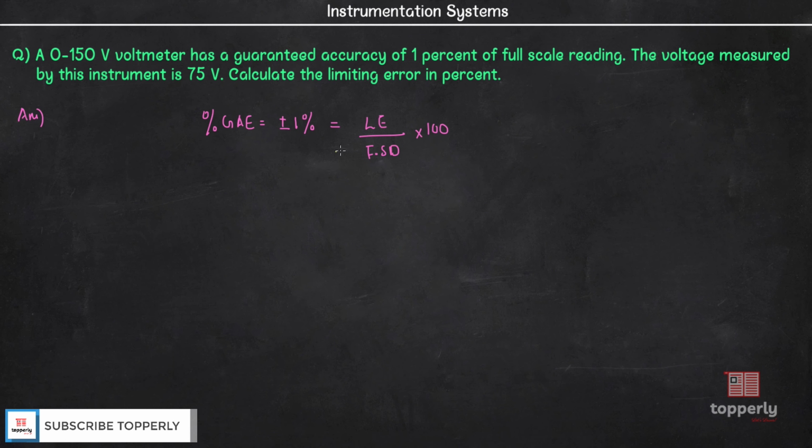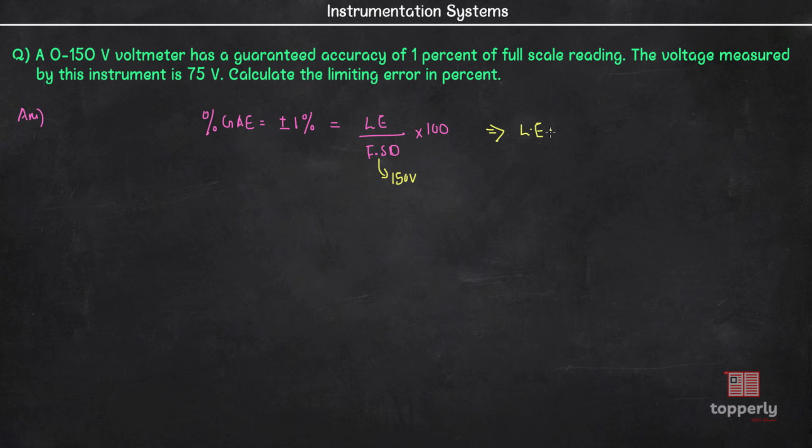Therefore, the full scale deflection will be 150 volt. So, using this equation, we can write limiting error is equal to percentage GAE into FSD by 100, which is equal to 1% into 150 volt by 100, which is equal to 1.5 volt. So, this is the limiting error.